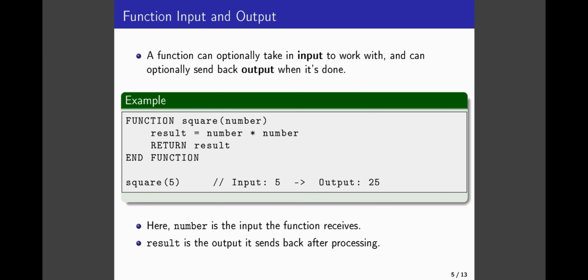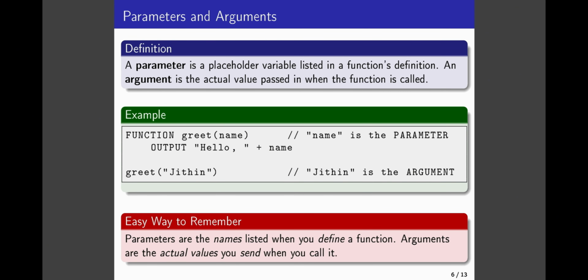When we call square with 5, the input is 5, so the output is of course 5 squared, 25. In this example, number is the input the function receives and result is the output it sends back after processing. That's the fundamental input-output relationship every function follows.